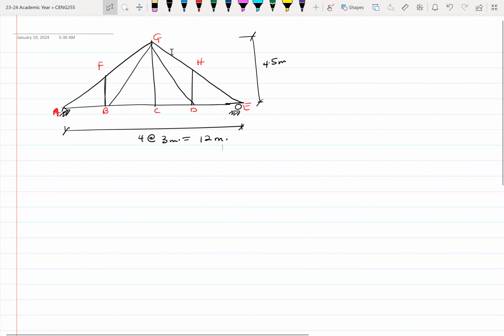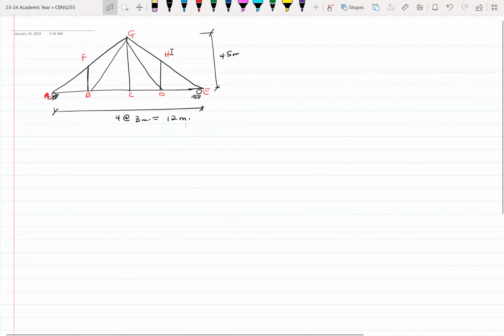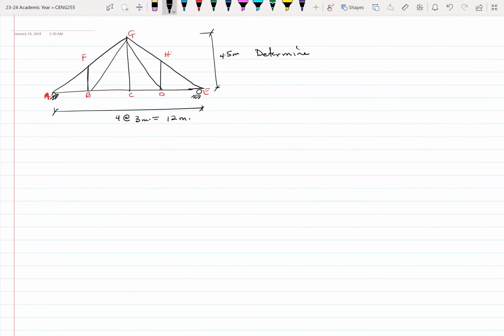And so this is the question. Determine, see if I can make it work from here. Sometimes you have to be a bit lazy to be smart.